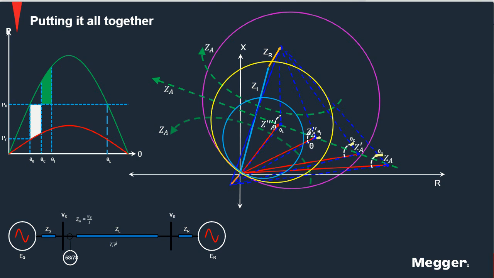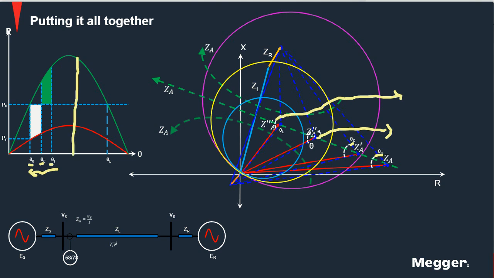Because we are here, then we are here, then we are here. The angle is actually increasing all the time. If the angle starts to go back, then we have a stable characteristic, and we can say, okay, we went there, and then we came back, no problem there. But if the angle keeps increasing, and it gets to this area here, then it's very hard for this system to recover.